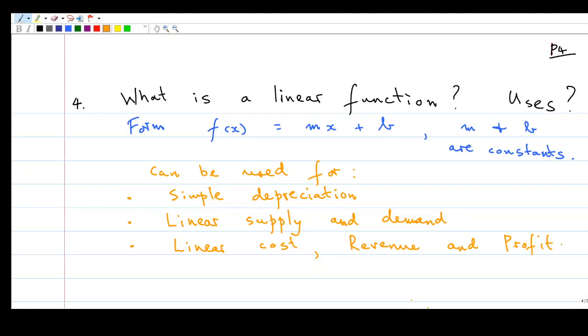So we'll say linear cost, revenue, and profit functions.